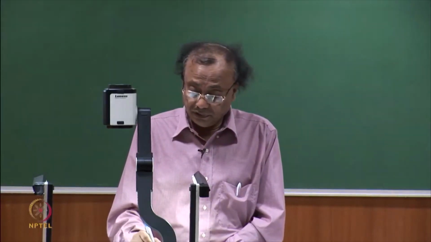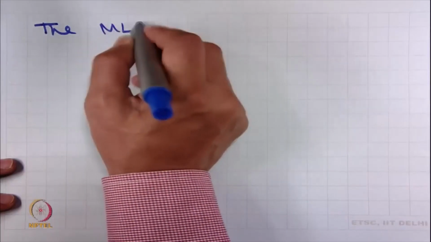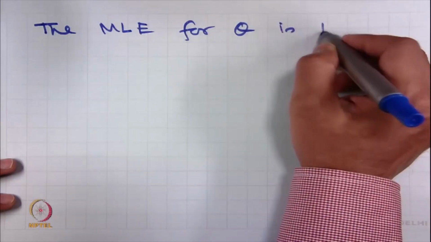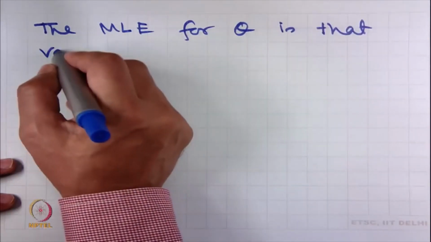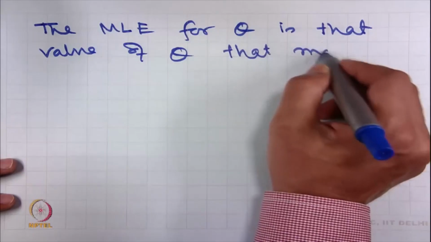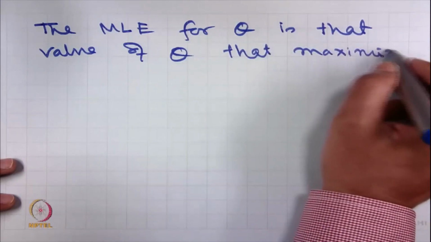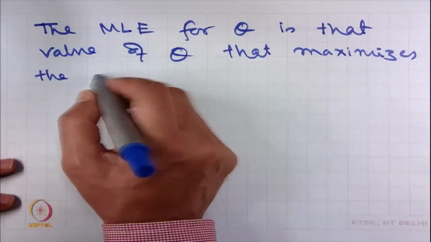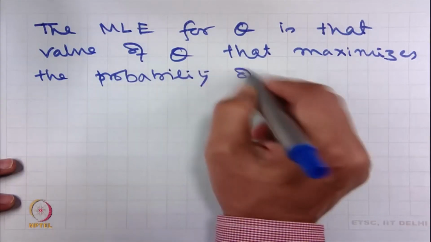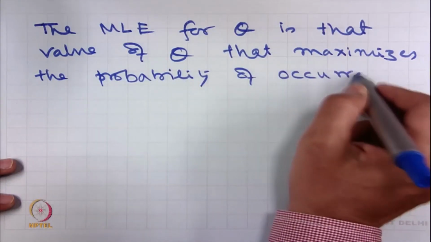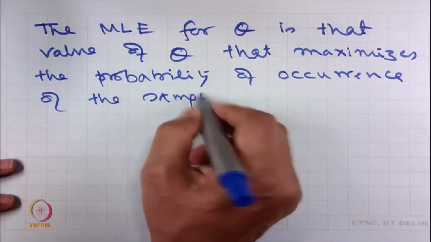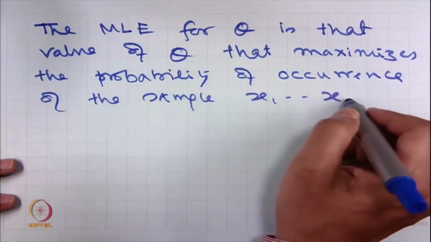So, the MLE for theta is that value of theta that maximizes the probability of occurrence of the sample x1, x2, xn.